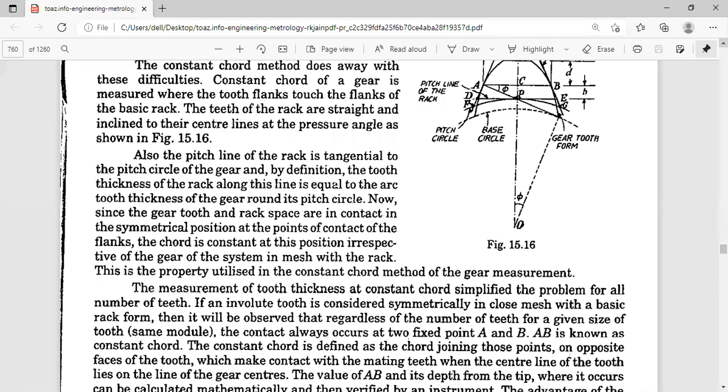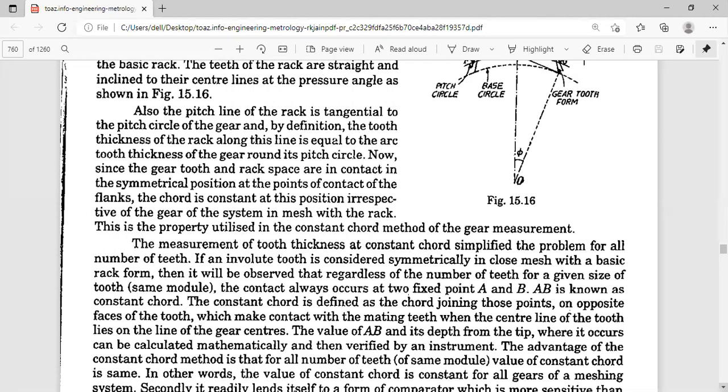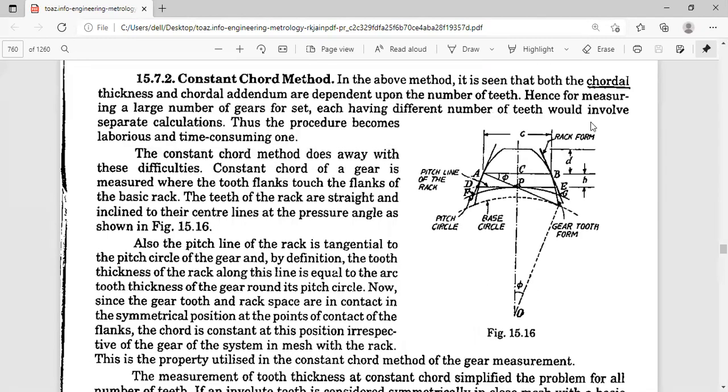The value of AB is a depth from the tip. You have to calculate it mathematically and verify it with the instrument. This is D, from the tip of the tooth to AB, and from AB to here it is H. Just try to see it in the derivation.